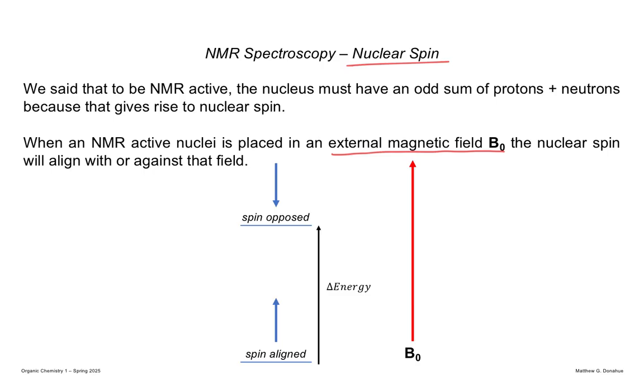So for proton and carbon, you can have 2 spin states. So I'm going to say spin aligned or spin up, however you want to think about it. Or spin opposed and spin down. And that just means that magnetic vector relative to the external field.